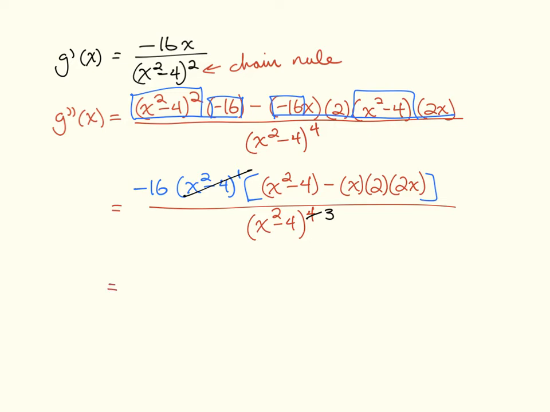So the second derivative is negative 16 times negative 3x squared minus 4 when the blue brackets are simplified. And that is still all over x squared minus 4 to the third power.